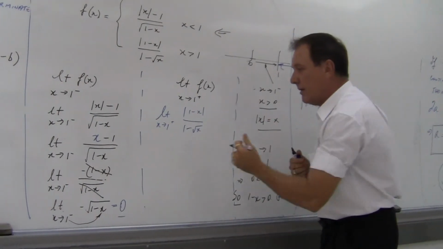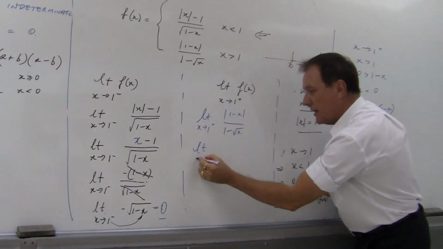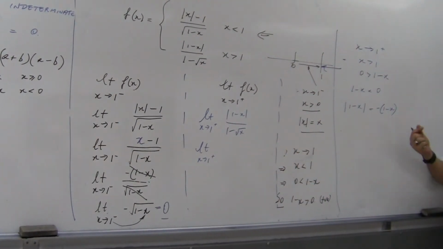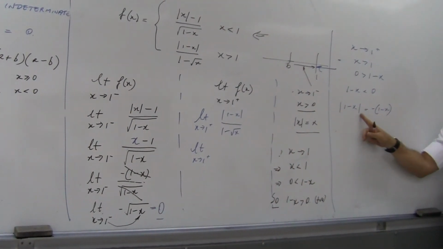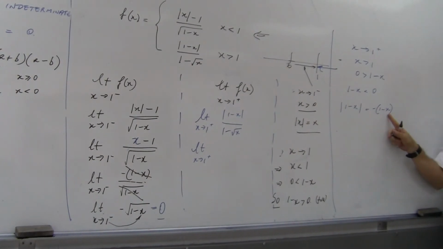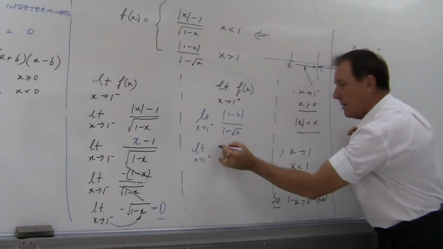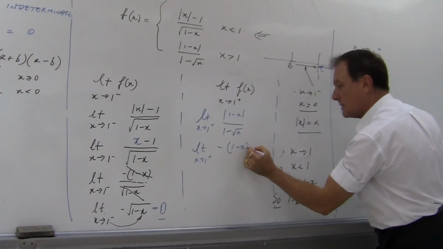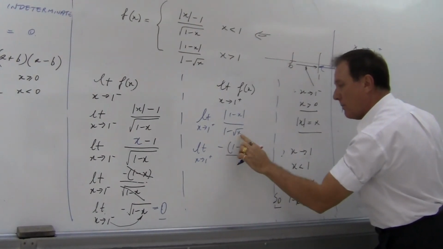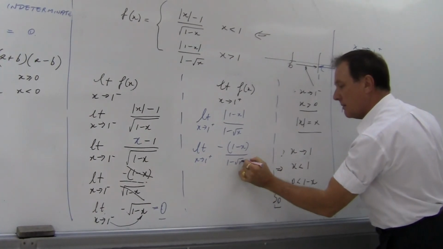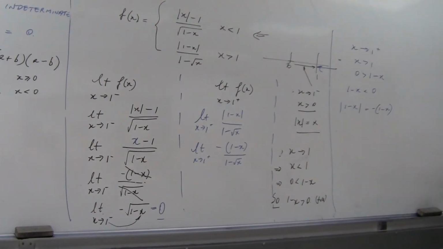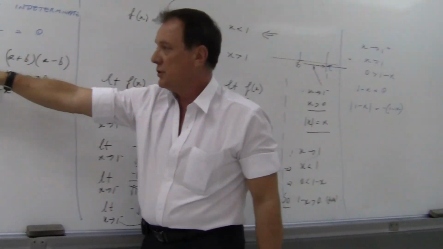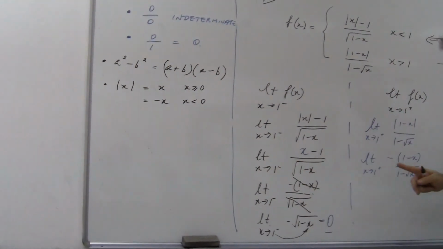Here I can write the limit as x approaches 1 from above, and I've got this now, instead of the absolute value of 1 minus x: minus, and then we've got 1 minus x, all over 1 minus root x. Well, here we are again. This is the difference of two squares in the numerator.